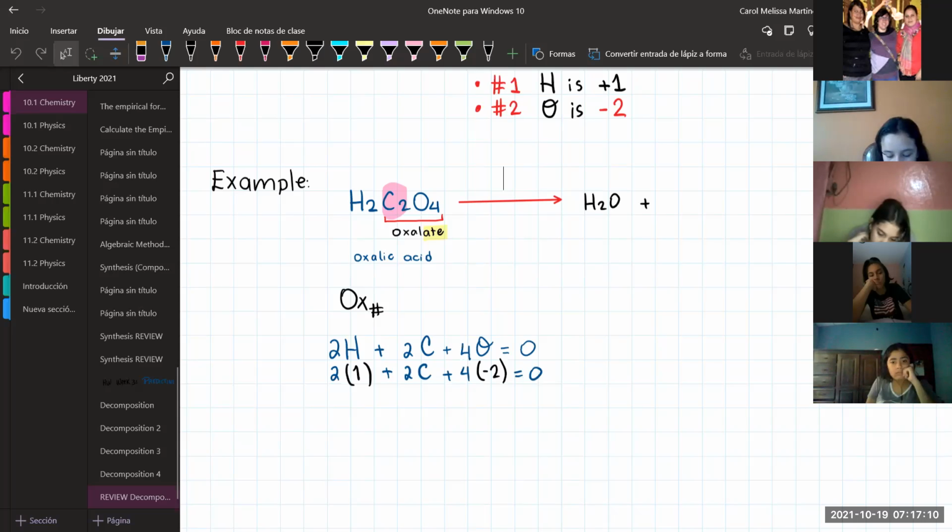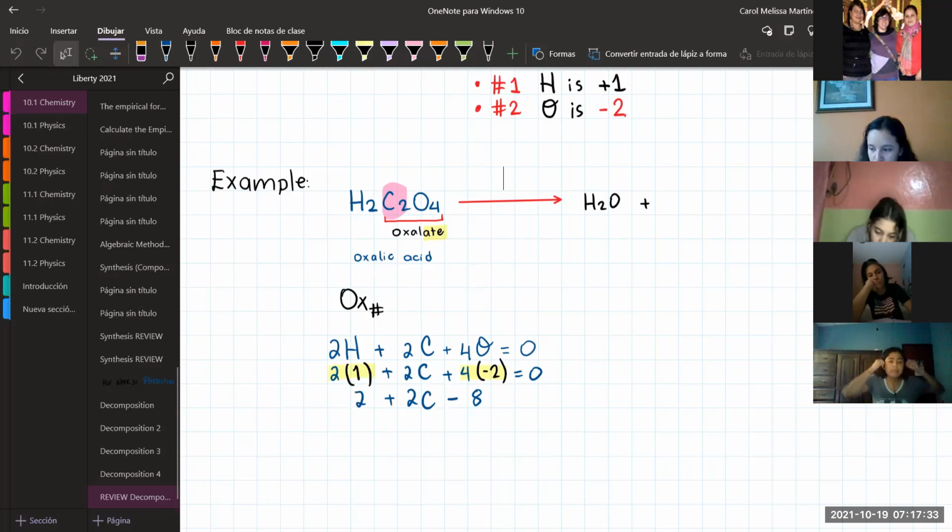I apply the rules for each and then multiply, so 2 times 1 is 2, the carbon term I just copy, and 4 times -2 gives me -8.